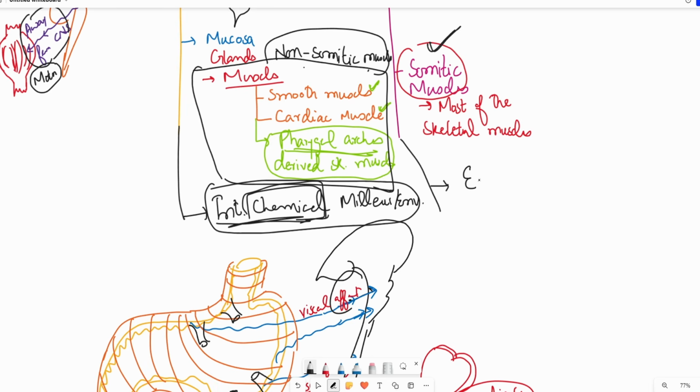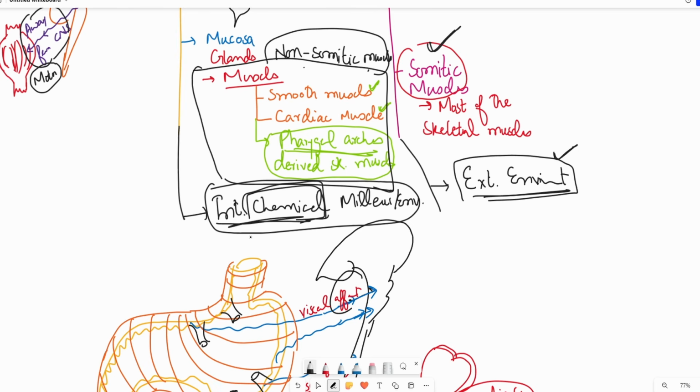Here, the somatic is usually involved with the external environment. For example, if an insect is crawling on my skin, that is the superficial and external environment, and it will be sensed by the nerves innervating the skin, which are somatic nerve fibers.